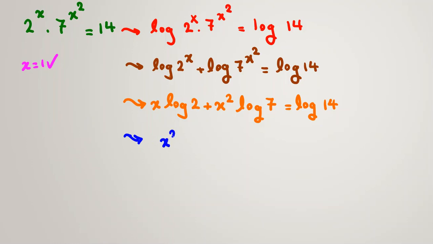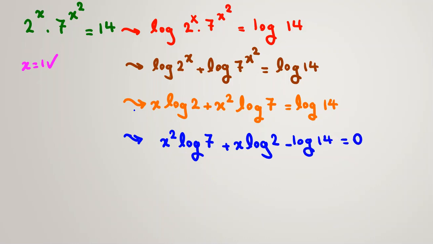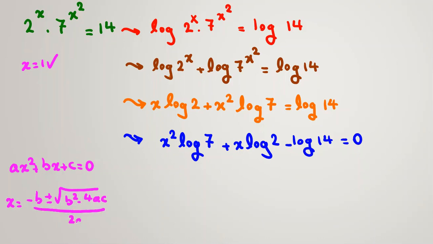Now I want to solve this with the quadratic formula. x squared log 7 plus x log 2, take log 14 to the left hand side, minus log 14 equal to 0. If we want to use the quadratic formula, we know if ax squared plus bx plus c equal to 0, then x equals negative b plus minus the square root of b squared minus 4ac, all over 2a.